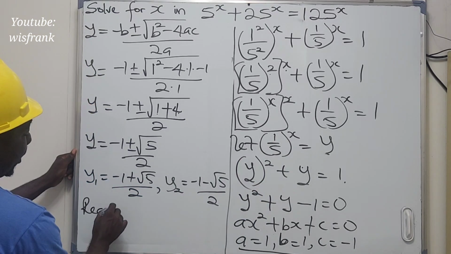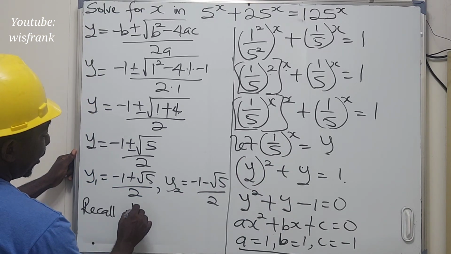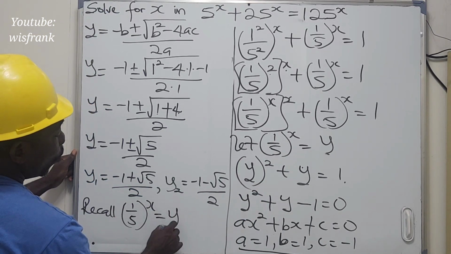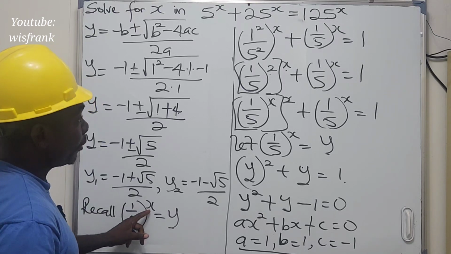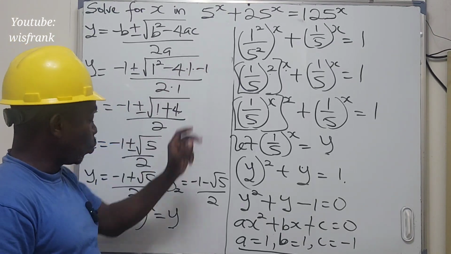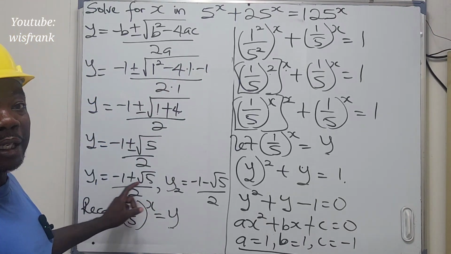We recall that we have (1/5) to the power of x equals y. For us to find the value of x, because we are looking for the value of x, we need to substitute the value of y as each of these.